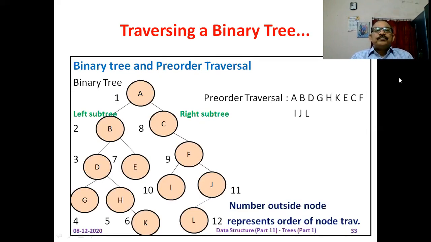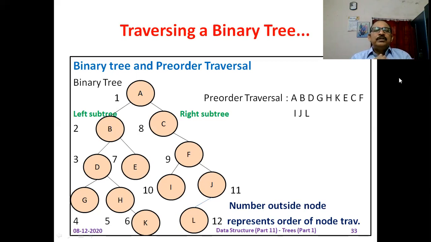Next, binary tree and the pre-order traversal. Let us see. How will we traverse a binary tree with the help of a pre-order traversal? In pre-order traversal, the first step is we visit the root node.